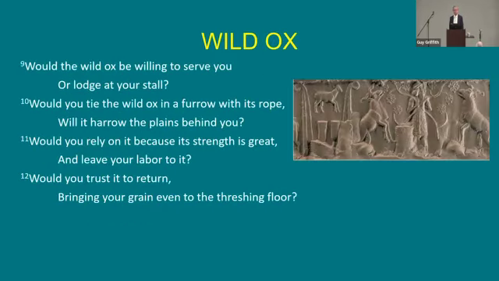Then the next animal is called a wild ox. Apart from the lion, it is probably the most common animal in the Lord of Animals motif, as you see in this image here: the Lord of Animals in the middle with two wild oxen on each side.